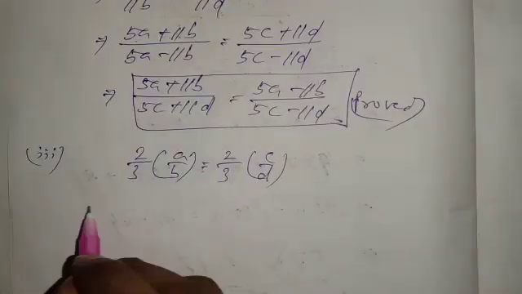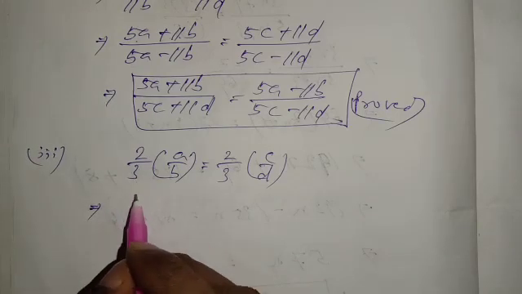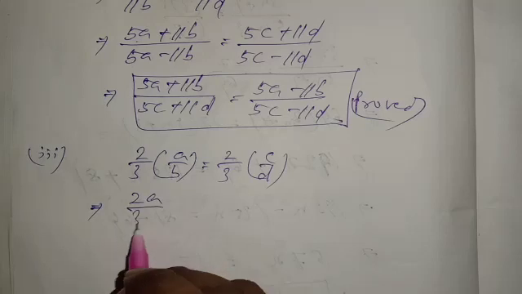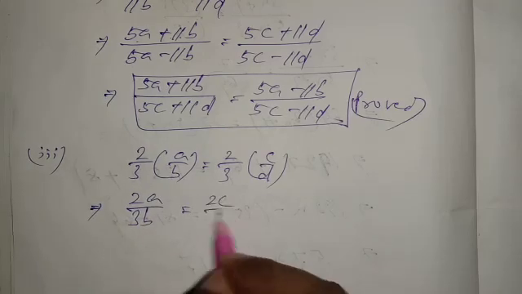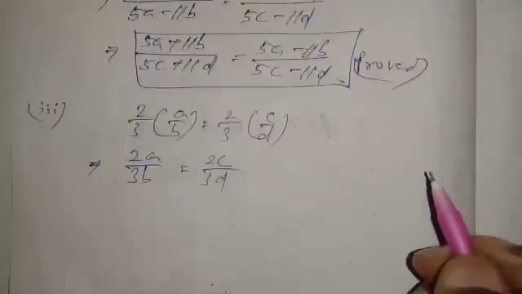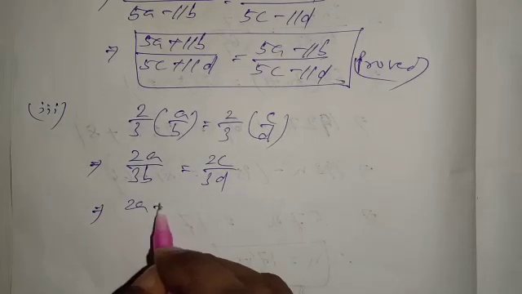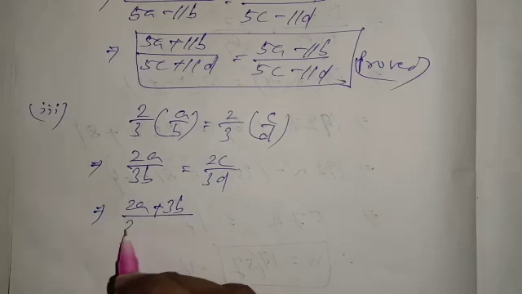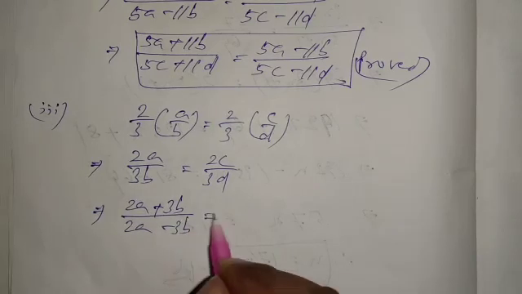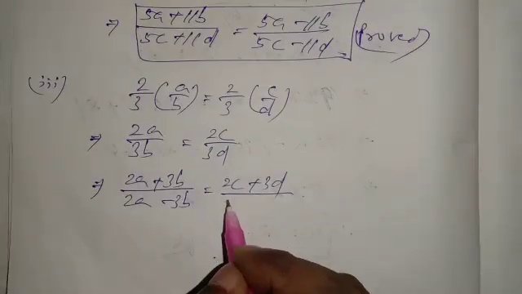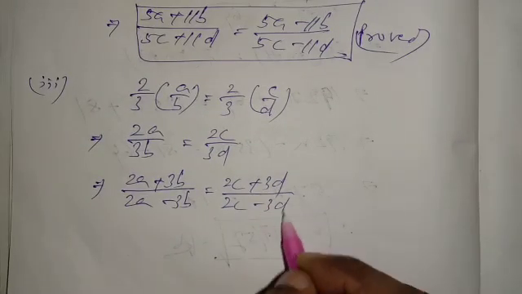Multiplying 2 by 3 both left hand side as well as right hand side, 2a by 3b, this side 2c by 3d. Using componendo and dividendo, this will be (2a plus 3b) divided by (2a minus 3b). This side (2c plus 3d) divided by (2c minus 3d).